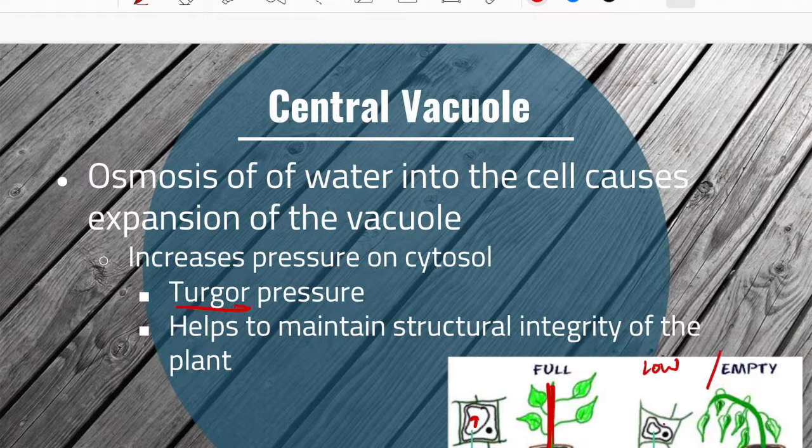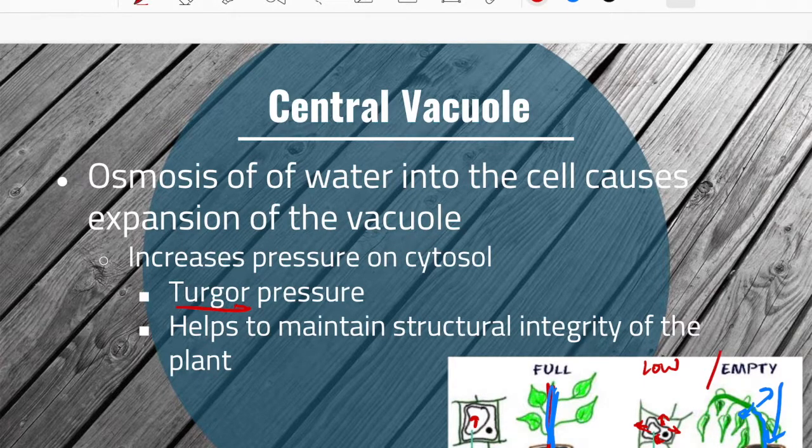It just doesn't have enough water in it to push against the cell wall, and then you have a wilted plant. If we add water back into the system, so if we put water into this plant right here, the plant, using the roots, will uptake the water and distribute it to the cells, and then before you know it, it's standing straight up.